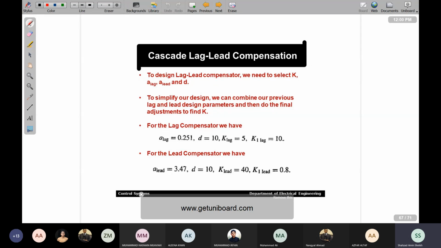So ये जो complex controllers हैं, जब हम बात करते हैं PI की, तो PI में क्या था, हम फाइंड आउट कर रहे थे K को देख रहे थे और A को देख रहे थे, ठीक है. फिर इसी तरह से जब हम कैस्केड लैग और कैस्केड लीड की बात करते हैं तो उसमें हम K, A और D को देख रहे थे. वी डिड द फिक्सेशन ऑफ K एंड we assumed some value of d that was equal to 10 in normal practical situations.